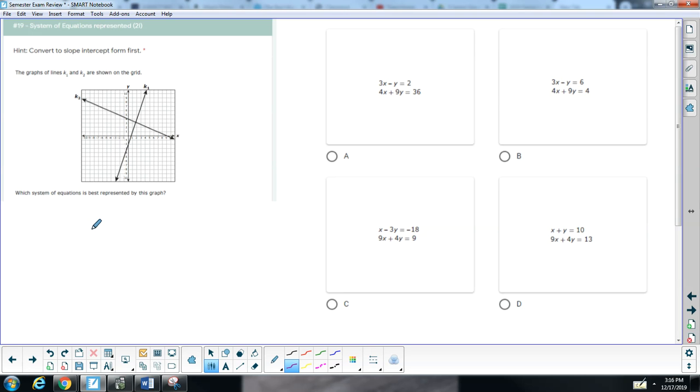Systems. Which system is best represented by this graph? So we would need to get these into slope-intercept form first. So we want to get them into y equals mx plus b. On this first one, to get the y by itself, I would have to subtract my 3.